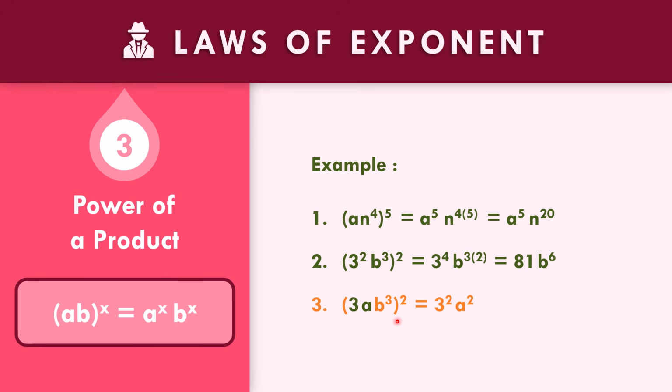Copy the base A, 1 times 2, that is equal to 2. While B, copy the base B, and then 3 times 2. So 3 squared is 9. Copy A squared, and then 3 times 2, that is equal to 6. So B to the 6. So the final answer is 9A squared, B to the 6th power.